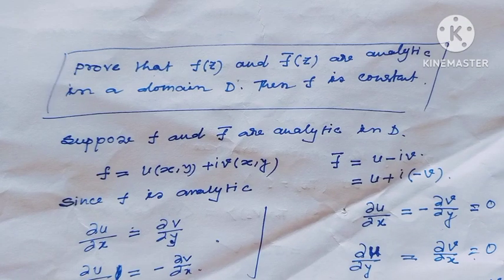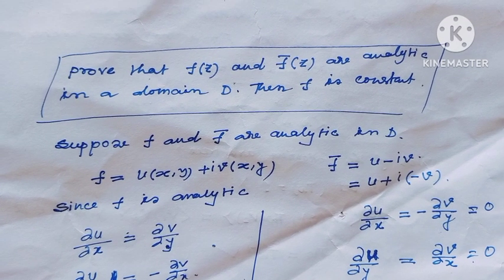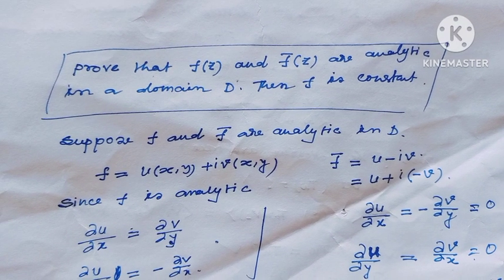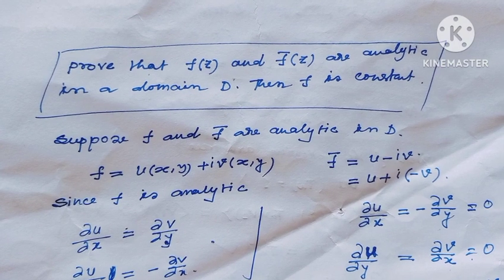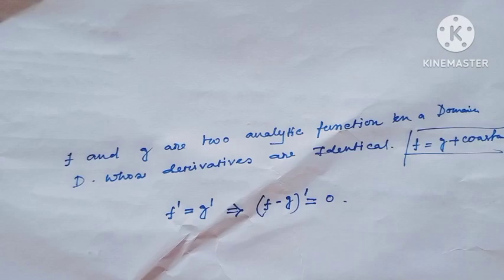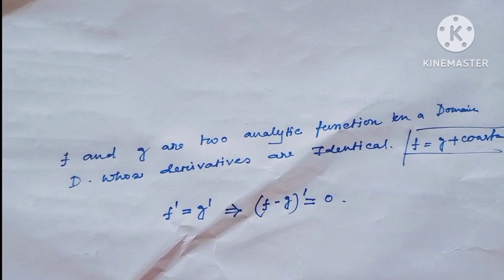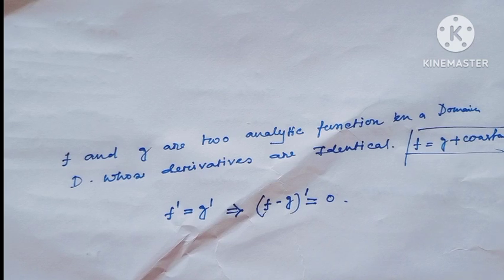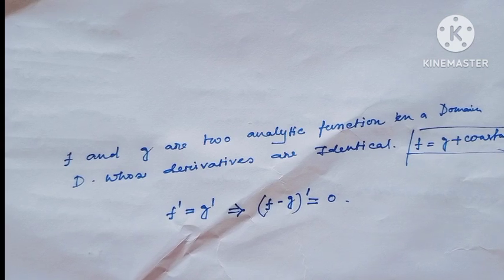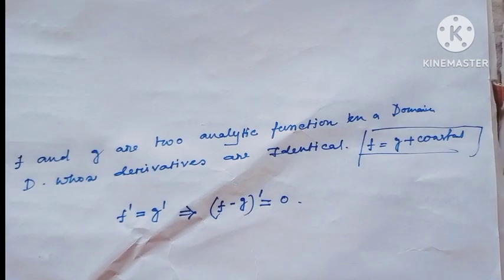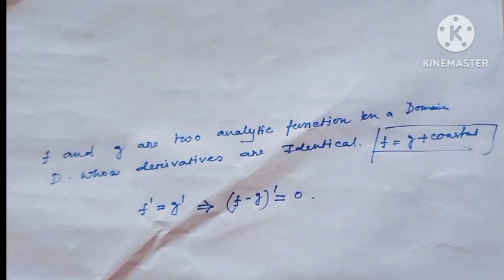That means if f and f bar both are analytic in a domain D, then obviously the function f is constant. Our next exercise, if f, g are two analytic functions in a domain D whose derivatives are identical, then that implies f equal to g plus constant.